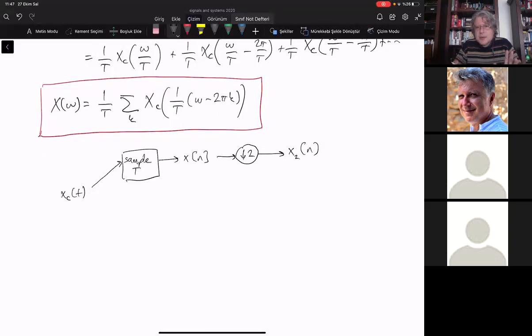Downsampling means the following. In the discrete time, you drop every other sample, okay? And you get only x0. You drop x1, you get x2, you drop x3, you get x4. So x0, x2, x4, x6, etc. And then you stack them together and have a signal which is twice shorter than the original one. By downsampling, you reduce the size of the vector, the signal vector.